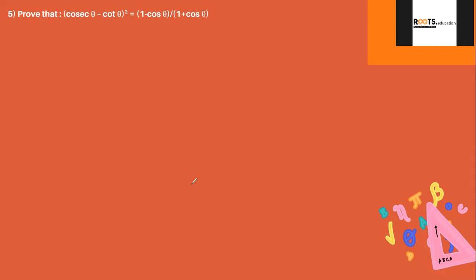Take the LHS first. Cosecant theta minus cot theta whole square. This is of the form a minus b whole square, which is a square plus b square minus 2ab.